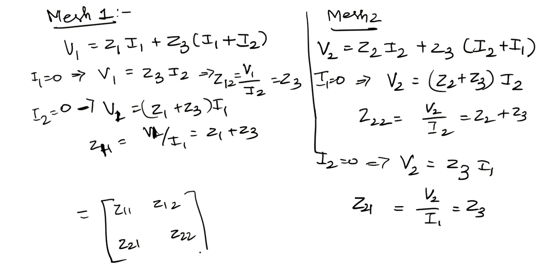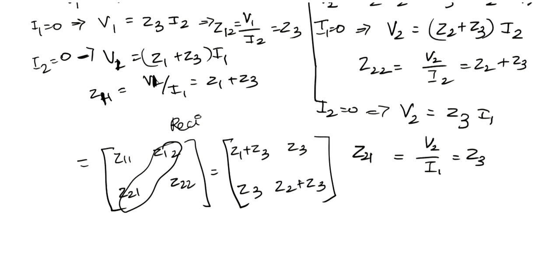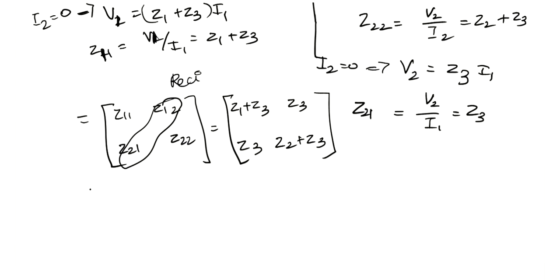Your answer: Z11 will be Z1 plus Z3, Z12 is Z3, Z21 is Z3, and Z22 is Z2 plus Z3. It is reciprocal because Z12 will be equal to Z21, this number is the same. So, theorem satisfied. And now you just substitute the values: Z1 value, Z2 value, Z3.